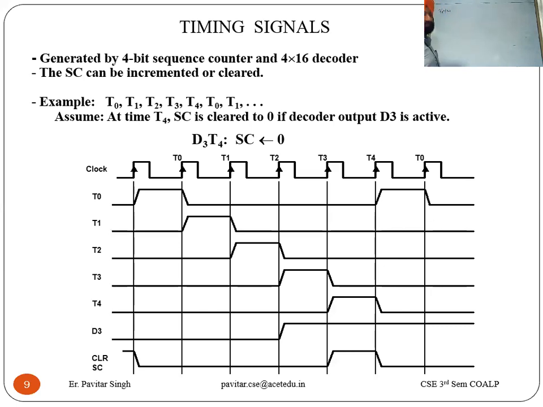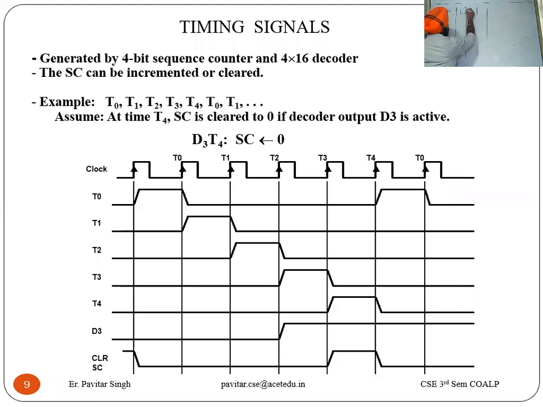So the first transition is represented with the clock. This is represented with T0, which will be the first output of the SC, the T0 signal, right?